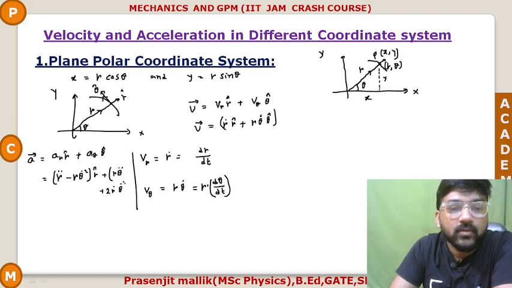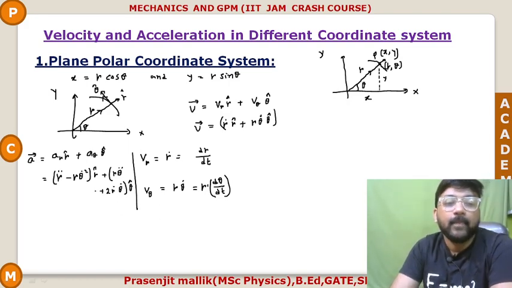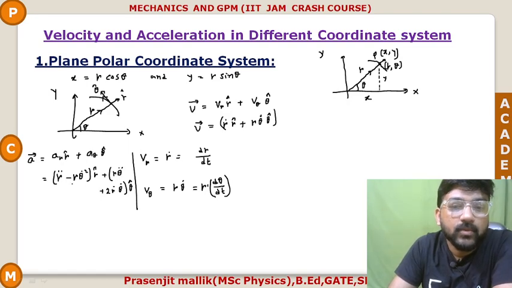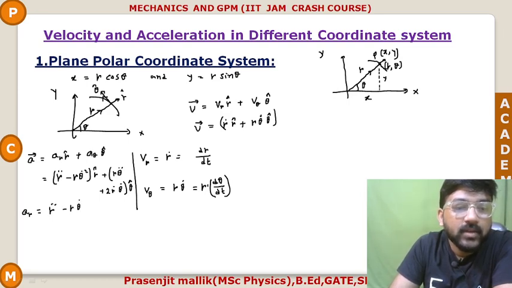Here also we have 2 components, the radial component and the transverse component, and the radial component a r is r double dot minus r theta dot square.